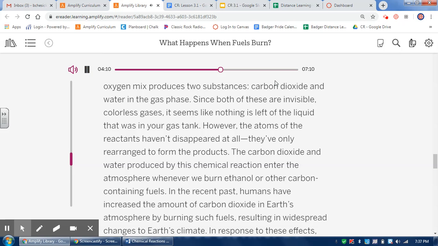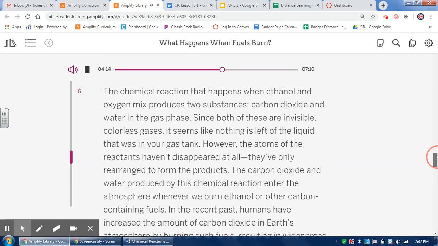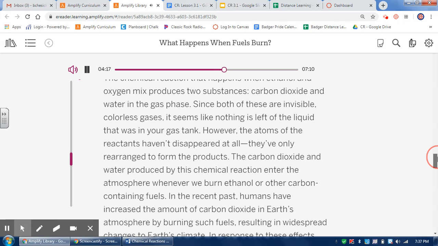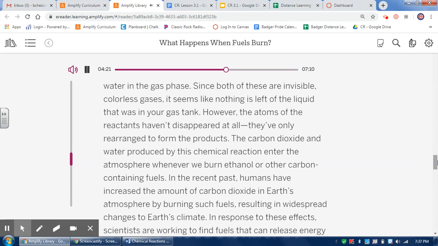The chemical reaction that happens when ethanol and oxygen mix produces 2 substances, carbon dioxide and water in the gas phase. Since both of these are invisible, colorless gases, it seems like nothing is left of the liquid that was in your gas tank. However, the atoms of the reactants haven't disappeared at all. They've only rearranged to form the products.